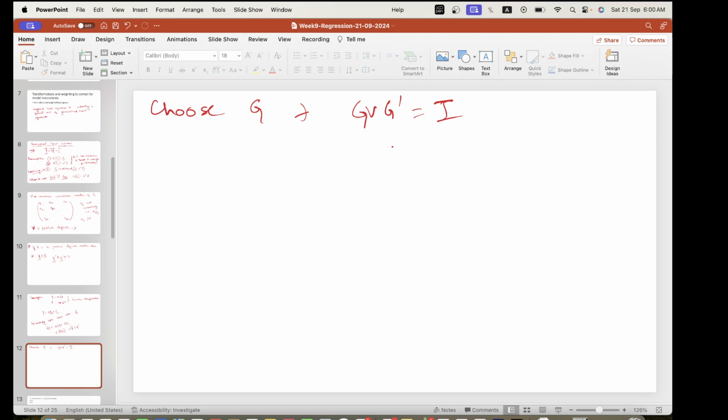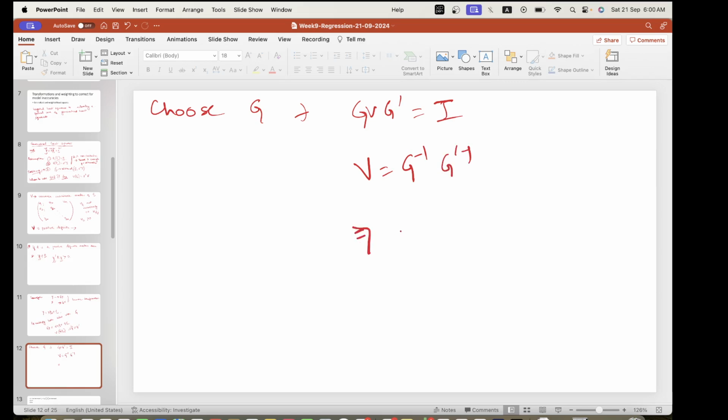So how do we find this? If we multiply, then V is actually G inverse into G transpose inverse.